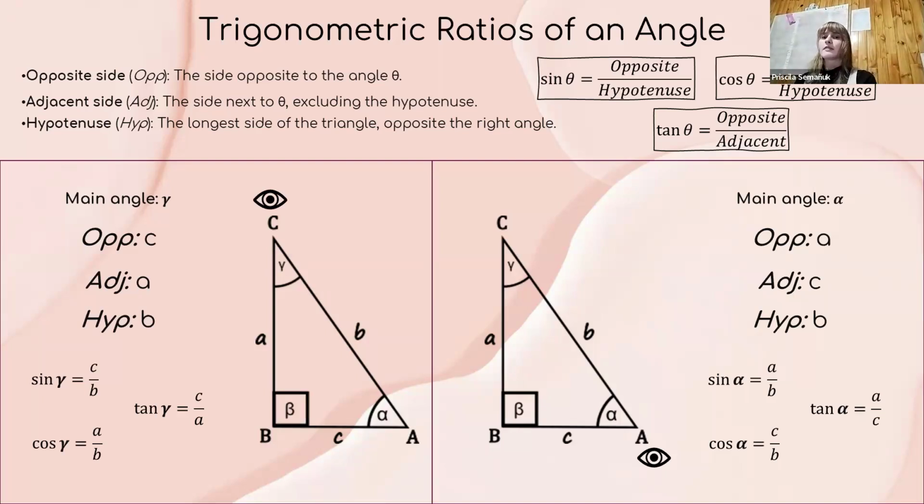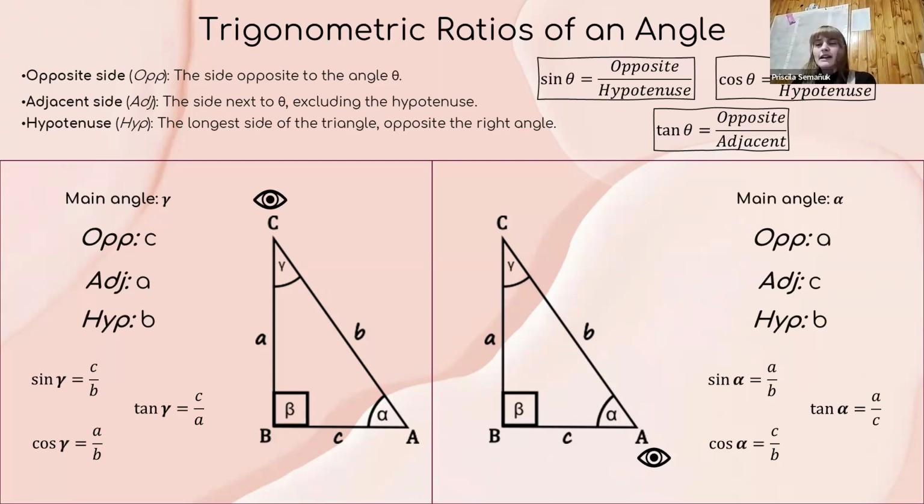My hypotenuse, small b, which means that sine of Y will be c over b. Now, cosine, almost the same. Cosine of Y will be a, my adjacent, over b, my hypotenuse. Okay? And tangent will be opposite over adjacent, c over a. Okay? That's if I'm standing here in the eye on the left.